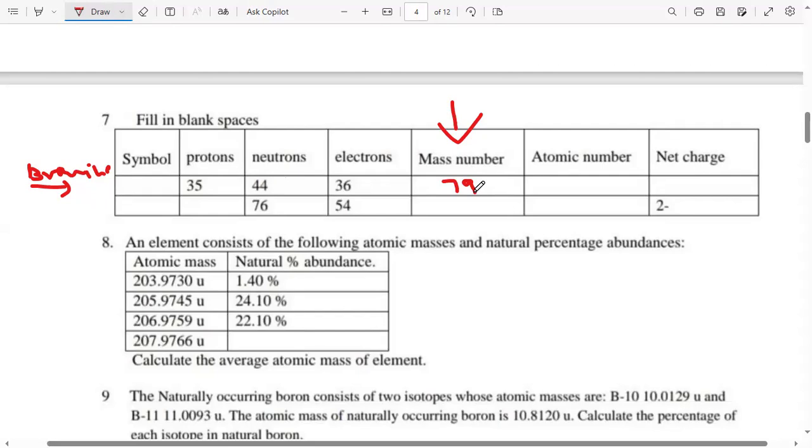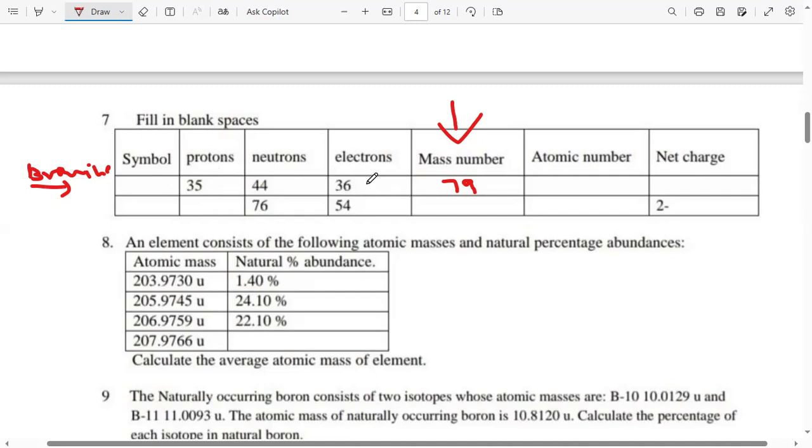Then let's look at the number of protons and electrons to see if there's any loss or gain. Remember we said in a neutral atom, the number of protons should always equal the number of electrons, and the number of electrons is the one that changes. So if there are any changes, you're going to notice it in the number of electrons. I have 35 protons, so in the neutral atom of bromine I also have to have 35 electrons.